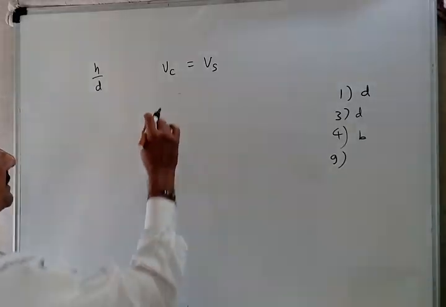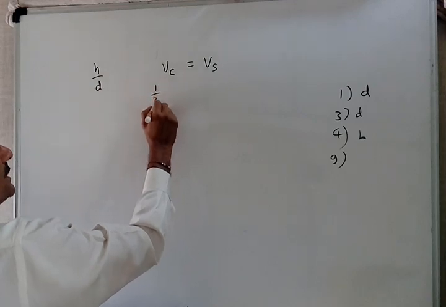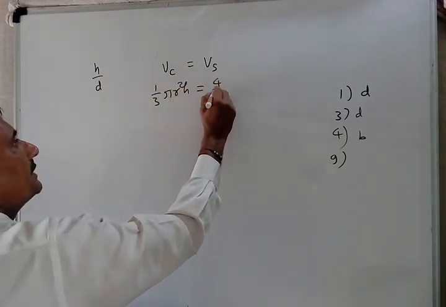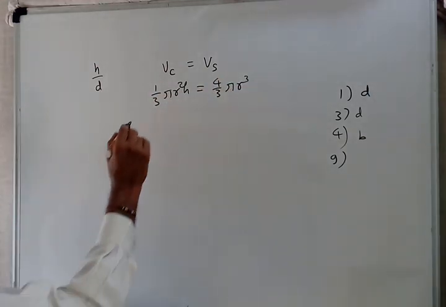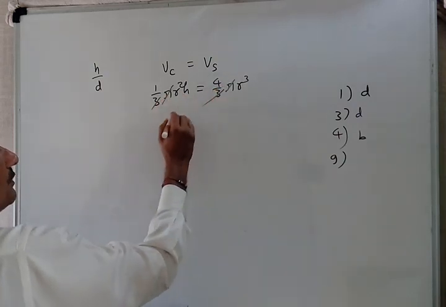First write down the formula for both. Volume of cone is 1 by 3 pi r square h, and volume of sphere is 4 by 3 pi r cube. Now 3 cancels, pi also cancels. What is left?